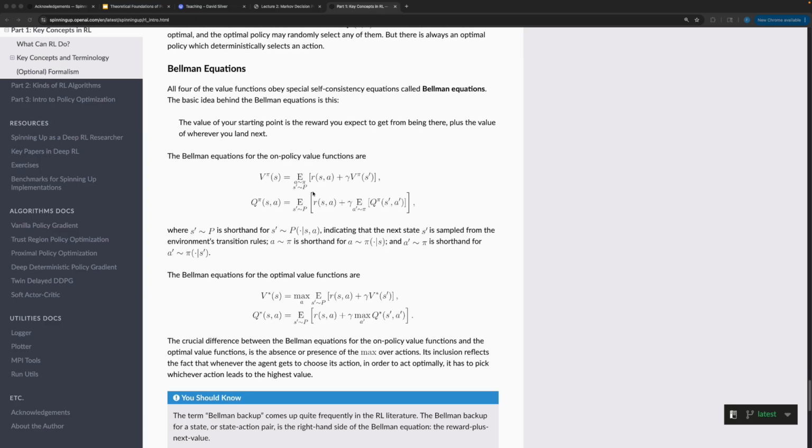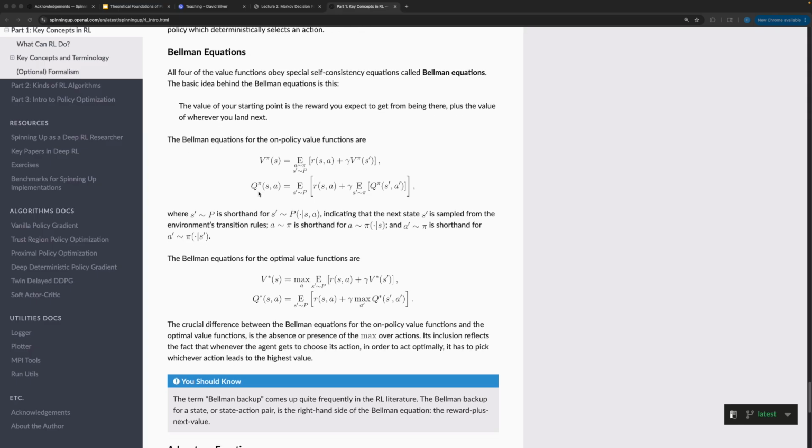So probability that st plus 1 is equal to s prime given st is equal to s and a is equal to a. Similarly, there is a similar function for q pi sa.